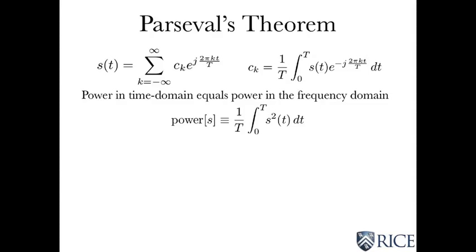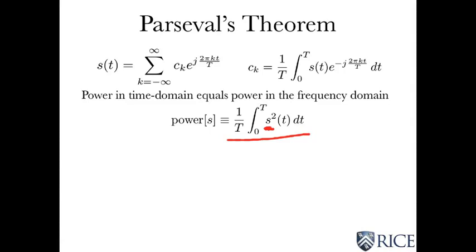And the idea here is that the average power of a periodic signal is going to be related to the integral of the square of the signal as if it were being passed through a 1 ohm resistor. So if you look back at the power formulas, no matter if this is a voltage or a current, this would be the average power expression, assuming it was going through a 1 ohm resistor.